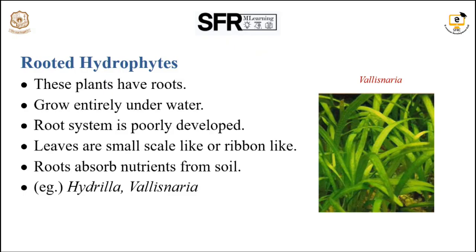They may have long internodes, absence of sclerenchyma, and presence of chloroplasts in the epidermal cells. Those that are partially submerged have floating leaves with stomata through which gases can be exchanged. Best examples are Hydrilla and Vallisneria.